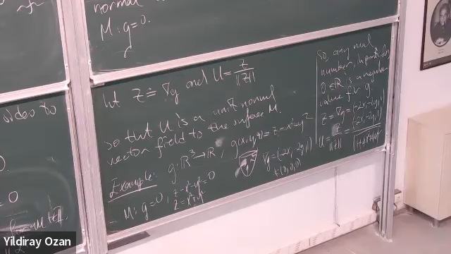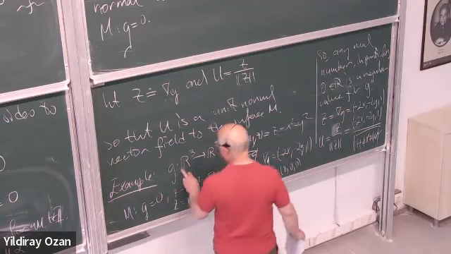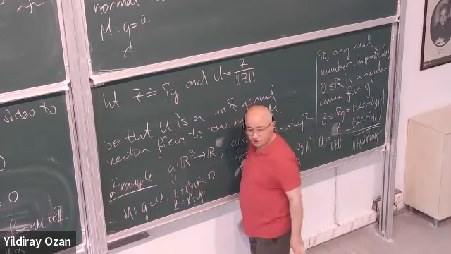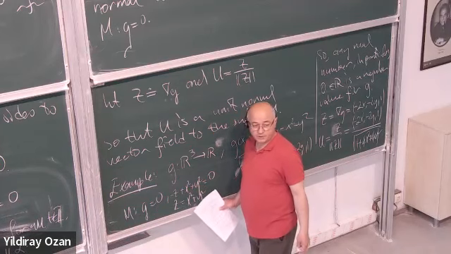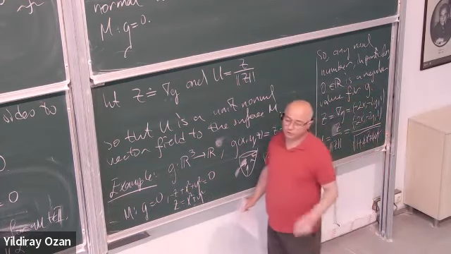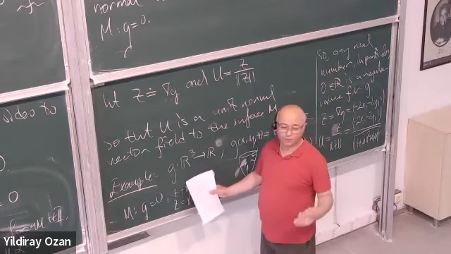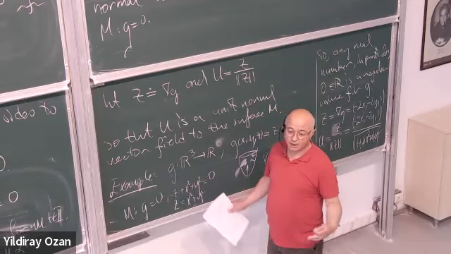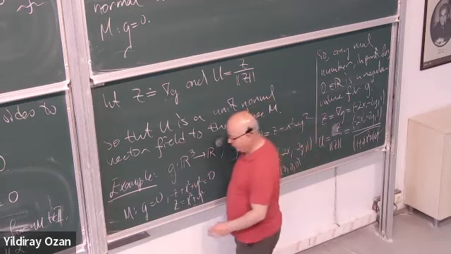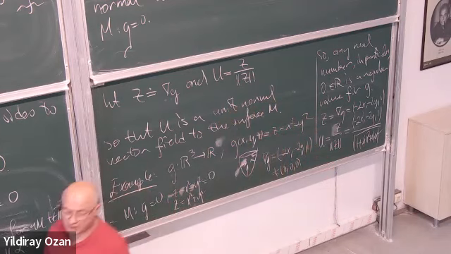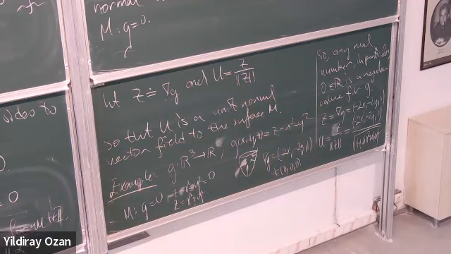I may replace this G by minus G. It is the same surface, but the gradient vector will be the opposite one. So if you replace your function by multiplying with minus 1, you get the other orientation. So from the equation, you cannot right away say which one is which.